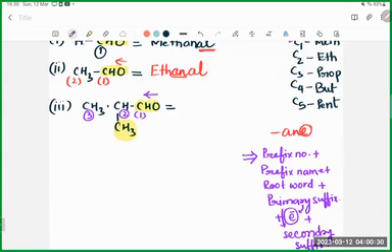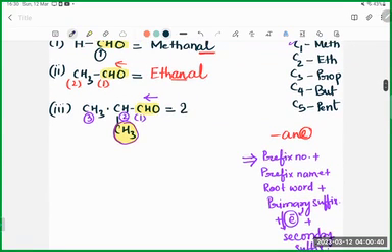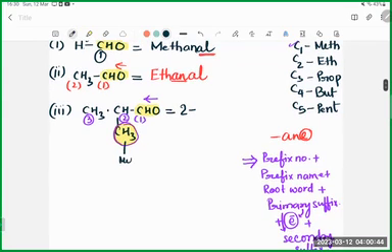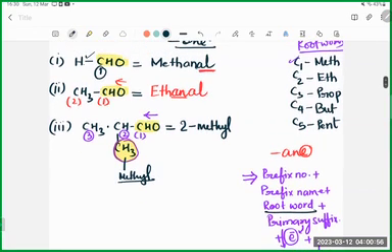What is the position of the CH3, Hridaya? Two. Exactly. So 2 hyphen, name of this is 1 carbon, so methyl, alkyl group it is, methyl. Tell 2-methyl. Go ahead next. Root word. How many carbons do you have?